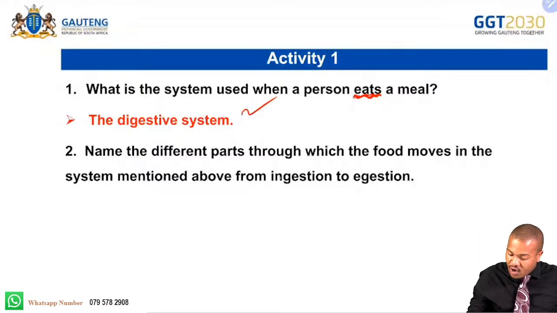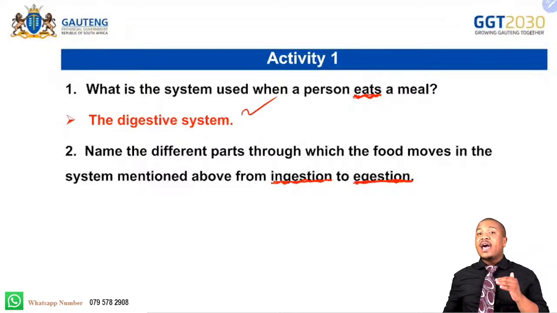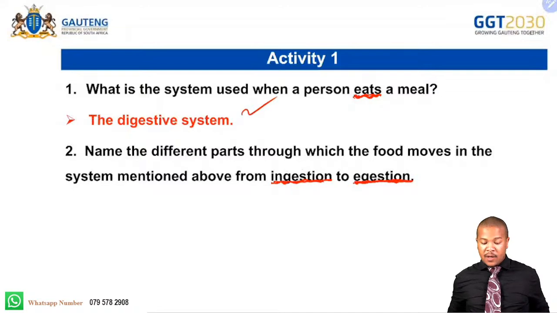Ingestion is the intake of food by the mouth, and egestion is the excreting of waste products via the anus. So it is entrance and exit. So what are the different parts in which the food travels from ingestion to egestion?